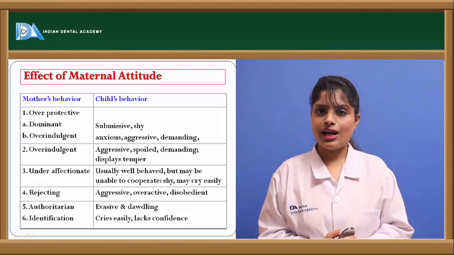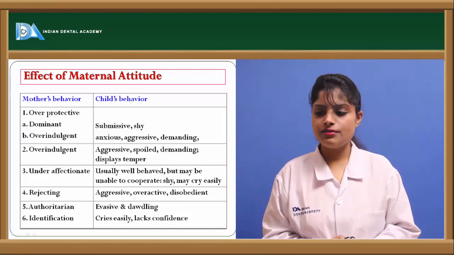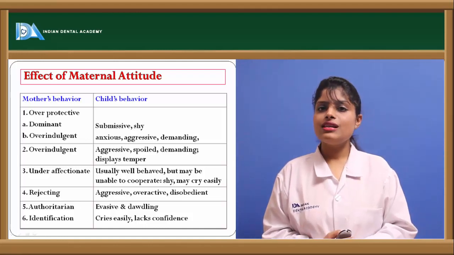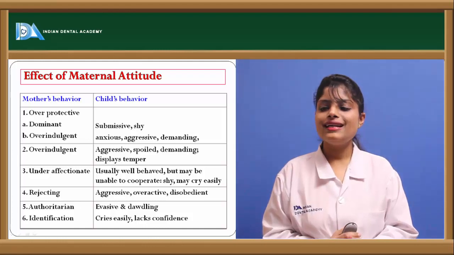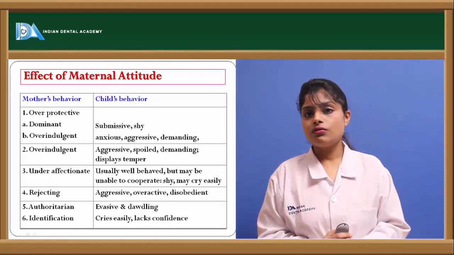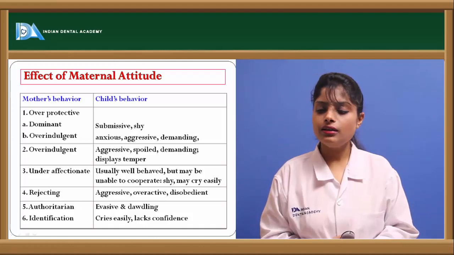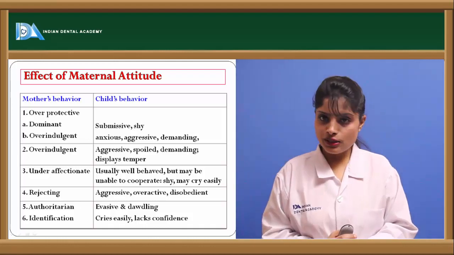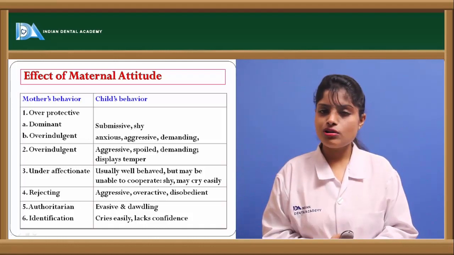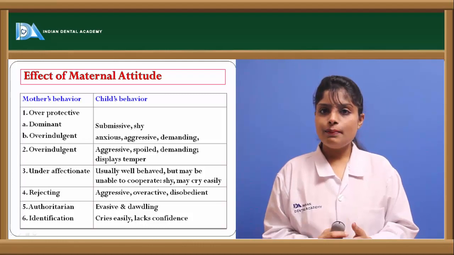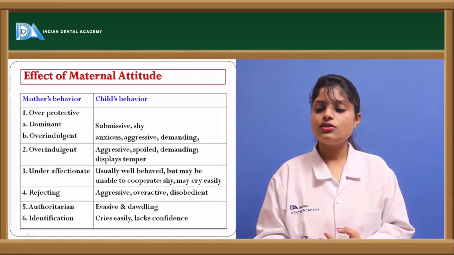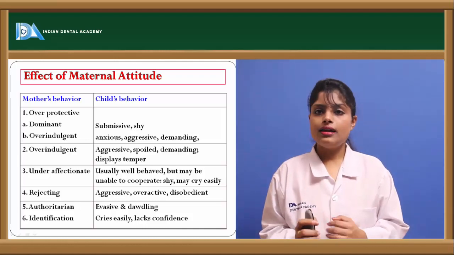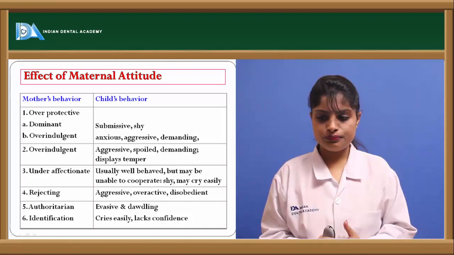The features of the child are that the child may be aggressive, may have lack of self-esteem, will always try to gain attention, and is one of the most difficult to manage in the clinic. The management of such a child can be brought about by developing confidence in the child, immediately meeting all the needs of the child and showing love and affection to the child.